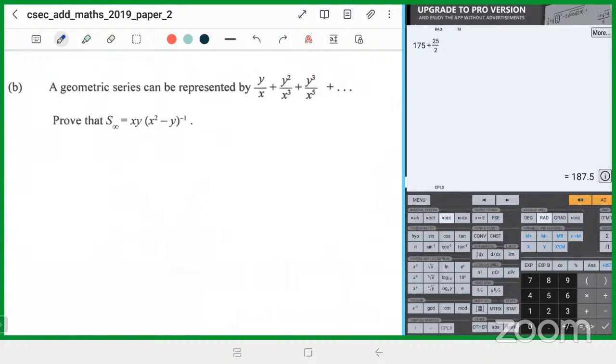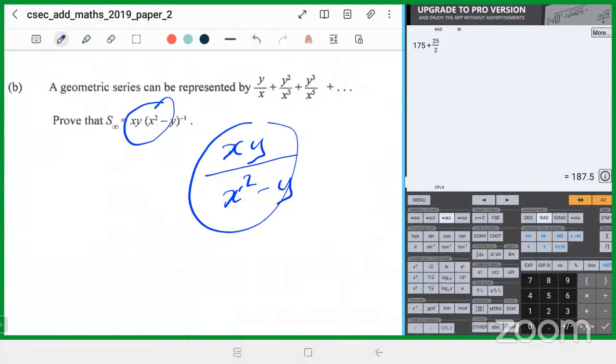You know what, it's supposed to work out to this when you're done. What does this have, a -1 on it? So this is the same as xy over x squared minus y. Given that. So this, and this is the same thing.